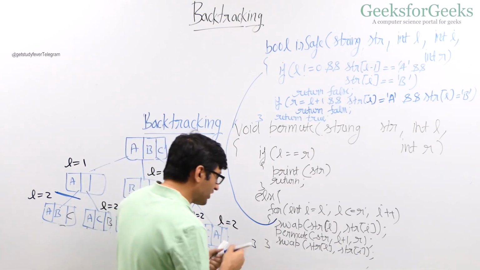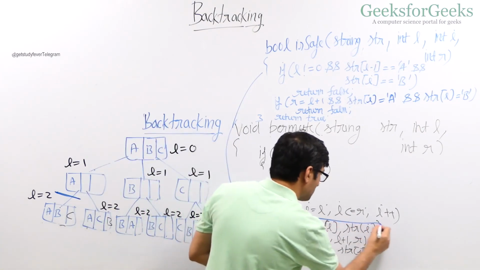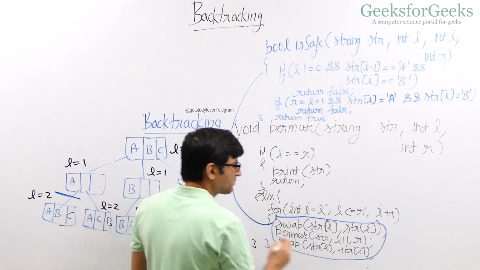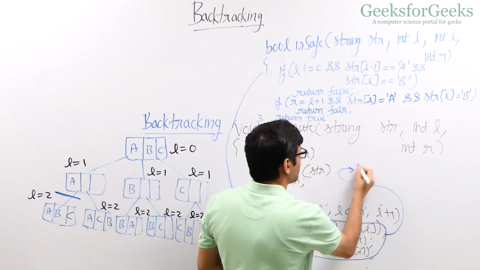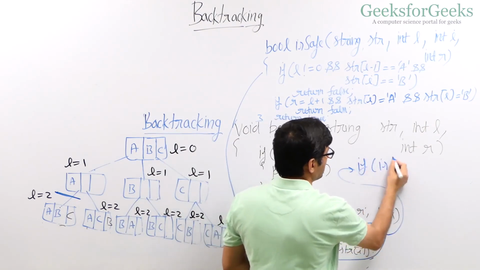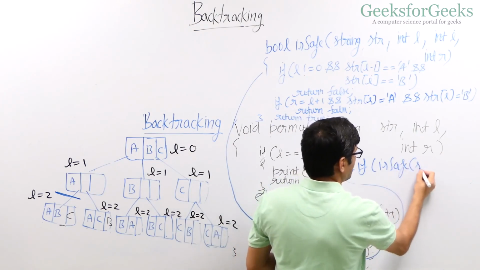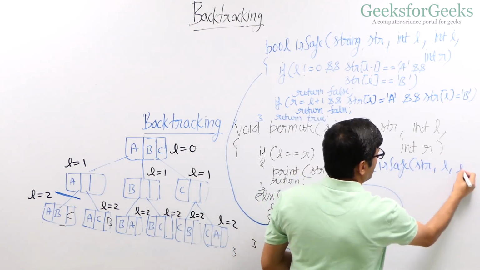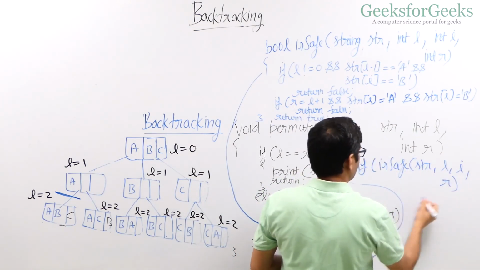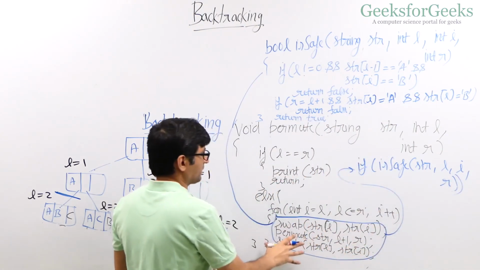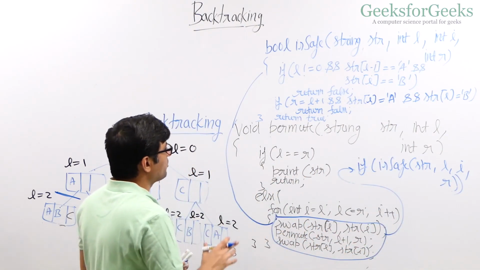So we put this part in a condition: if isSafe is true, then only make these 3 steps. Otherwise don't. Now how do we write the isSafe function?